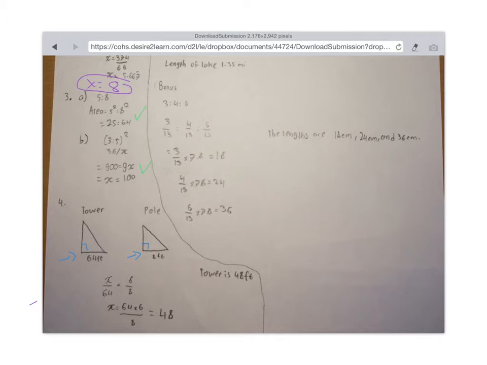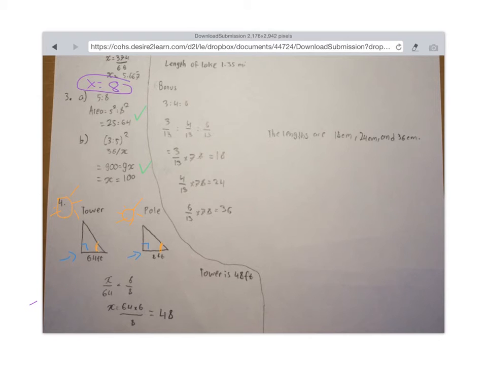The other equal angle is going to come from reading the question and understanding that the sun is in the same position at exactly the same time of day when this is happening. So the angle of depression of the sun's rays, which is this angle right here, is going to be equal for both triangles. So now we have angle-angle similarity, and we say therefore triangle 1 is similar to triangle 2 because of angle-angle similarity.